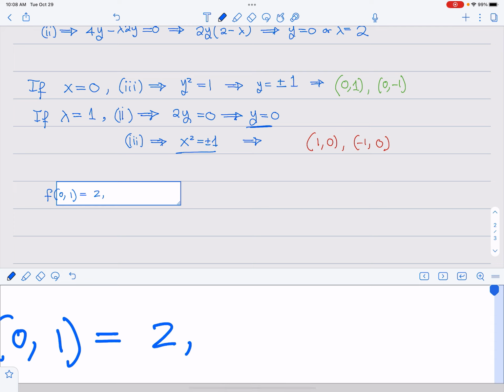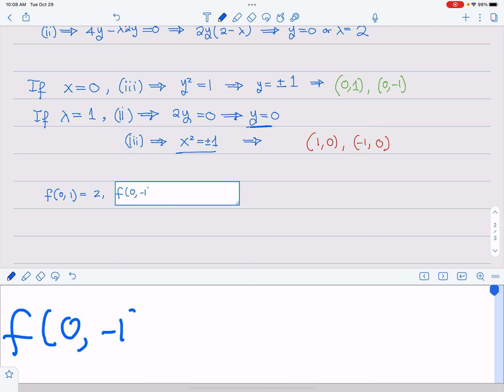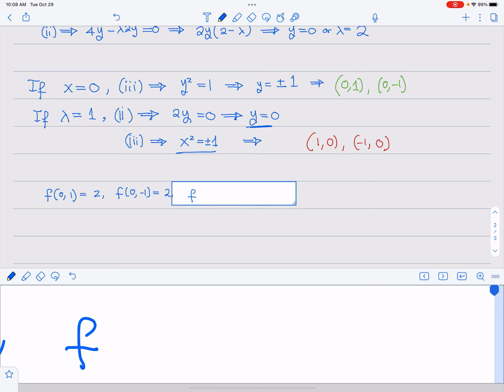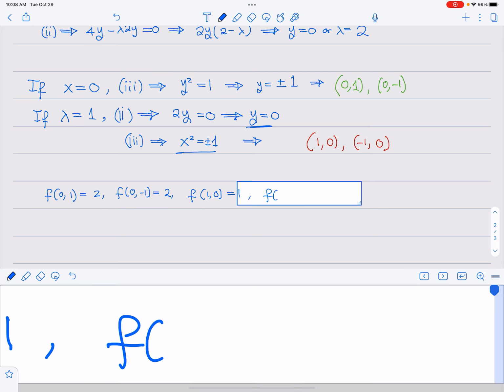This should be 2. f of 0, negative 1, which is 2. Please check these answers. f of 1, 0 is 1, I think, and f of negative 1, 0 is also 1. All right, so that is that.